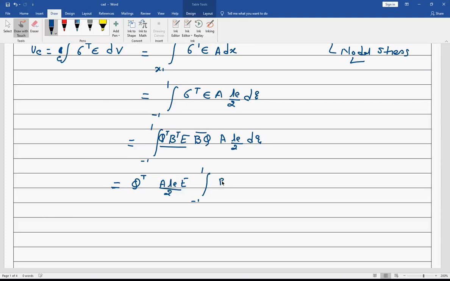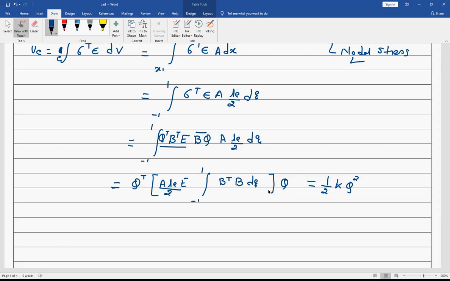It becomes B transpose into B into d xi, and I also take Q out on this side. I am not changing the location because they are matrices, and for multiplication the order needs to be correct. This is equivalent to half K Q square, which is the internal energy already derived.